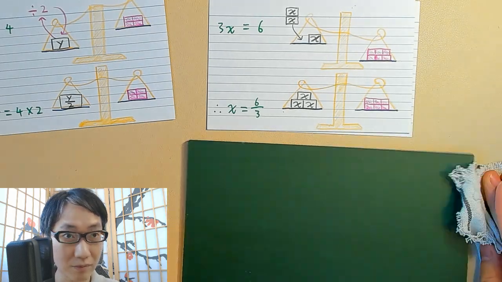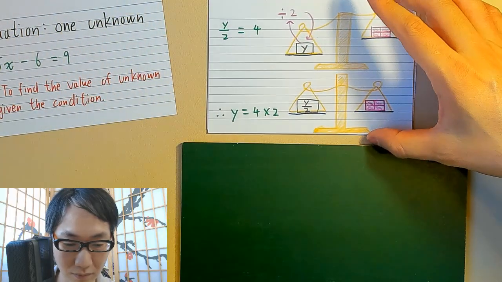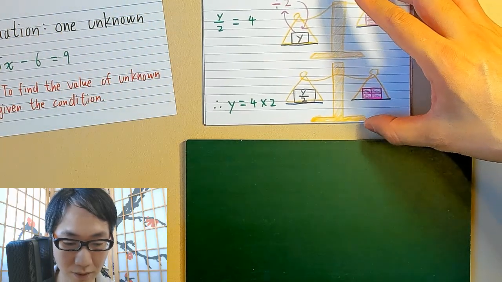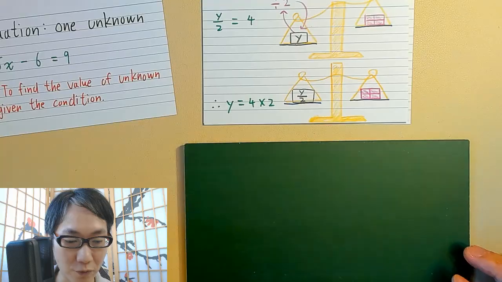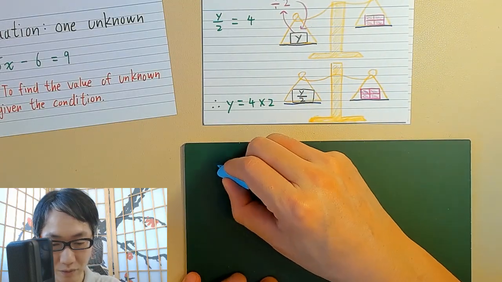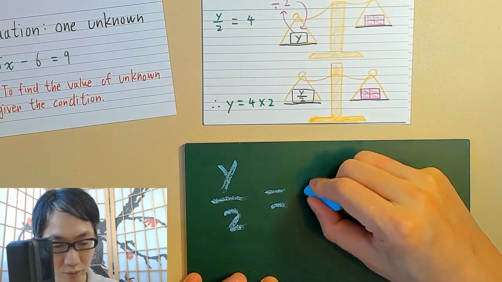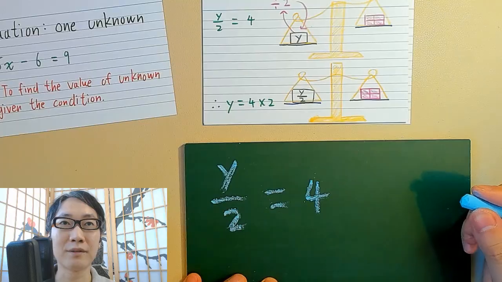And this one. So if y over 2 is equal to 4, we start from here. y over 2 is equal to 4.